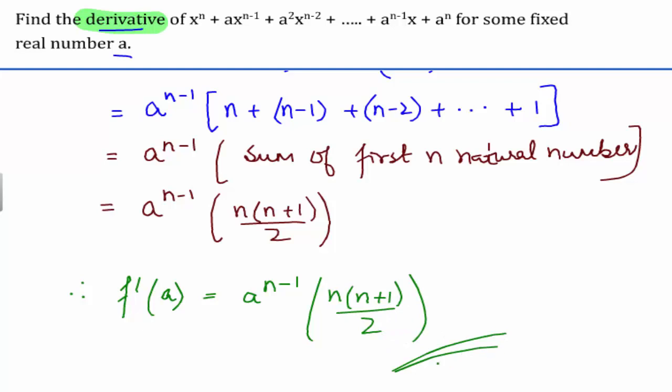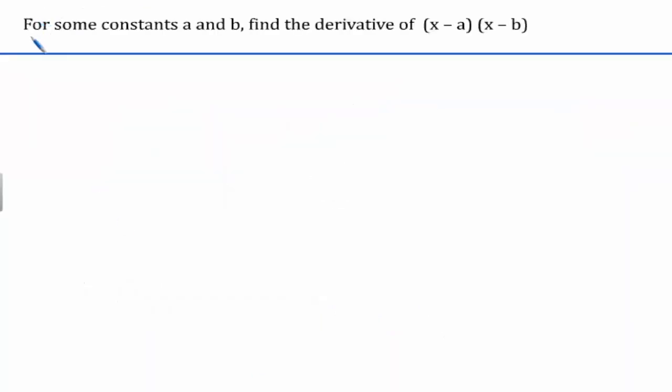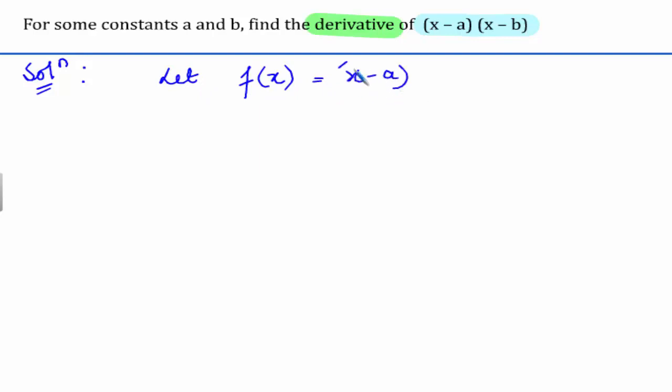Here in this question, we have to find the derivative of the function (x minus a)(x minus b) for some constants a and b. Let's begin with the solution, and let us define the given function by f(x). So f(x) is equal to (x minus a)(x minus b).